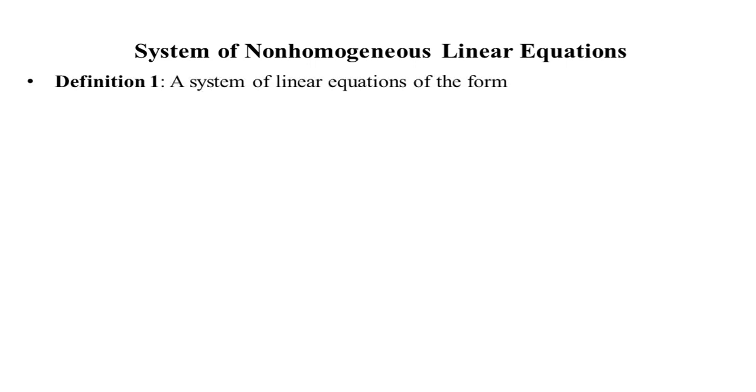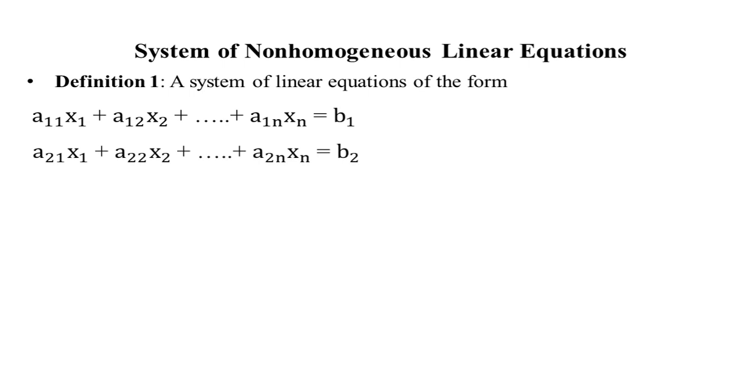Students, now we study about system of non-homogeneous linear equations. Definition: a system of linear equations of the form a11x1 plus a12x2 plus etc. plus a1n xn equal to b1, a21x1 plus a22x2 plus etc. plus a2n xn equal to b2.